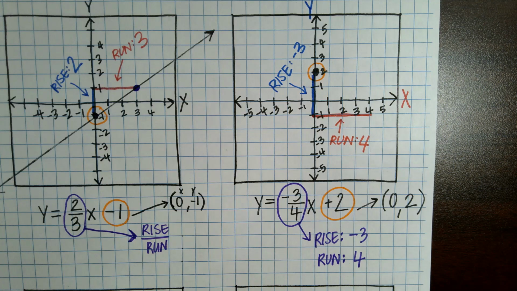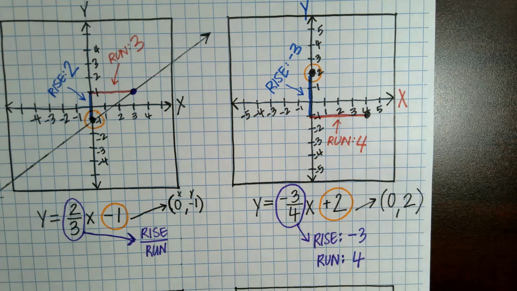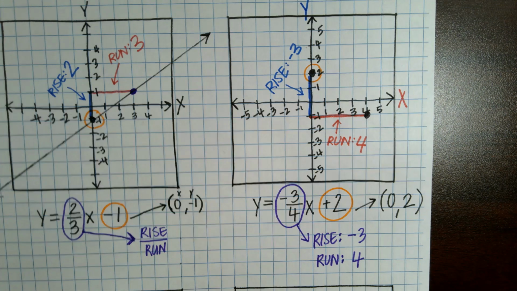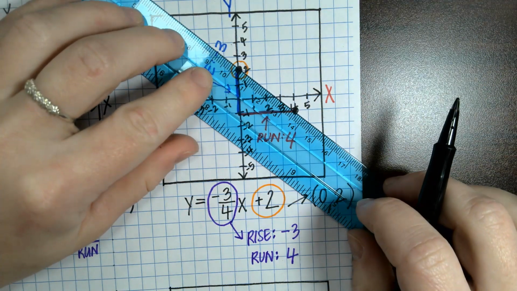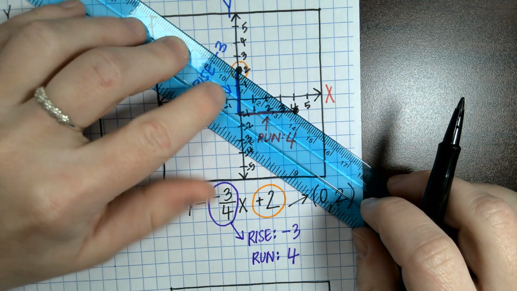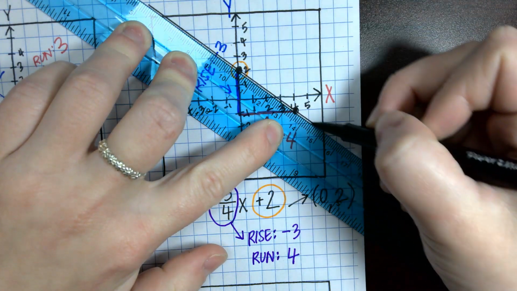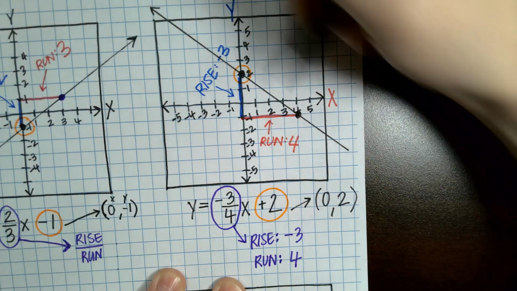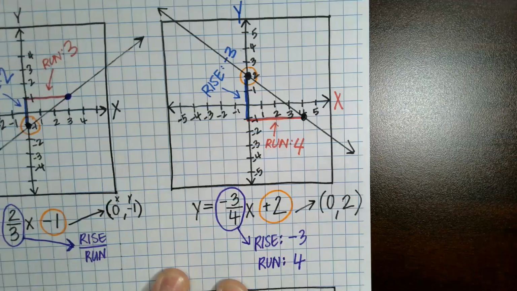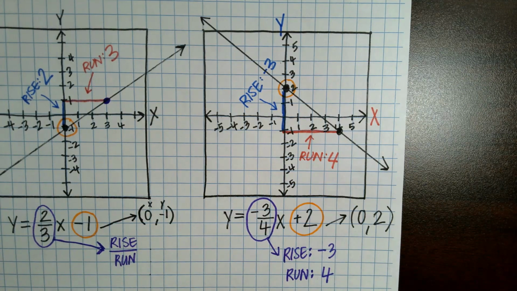And our second point just goes right at the end of our run. And we'll connect the dots. There you go. There's the graph of that line.